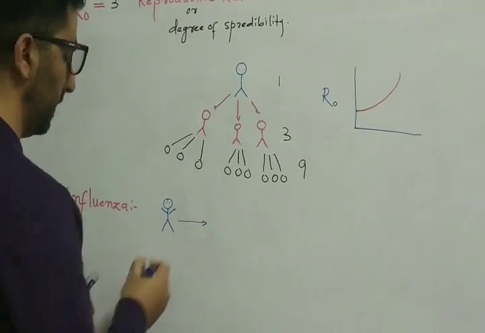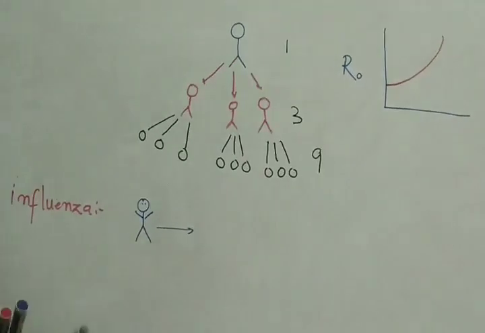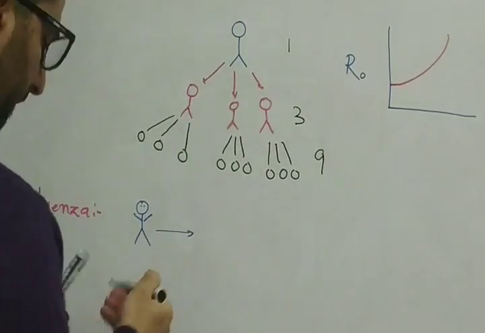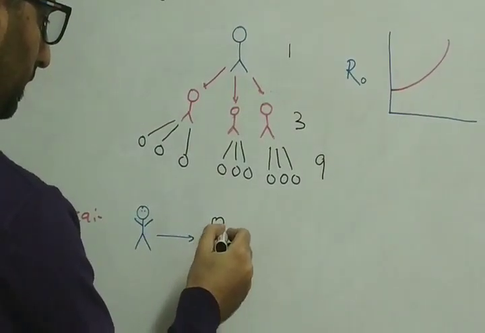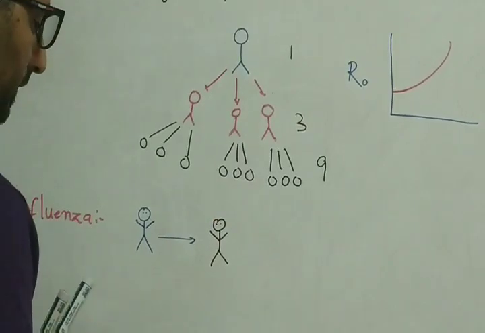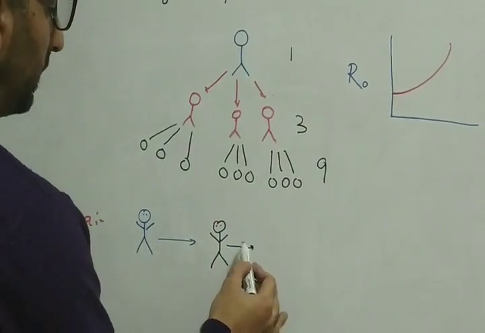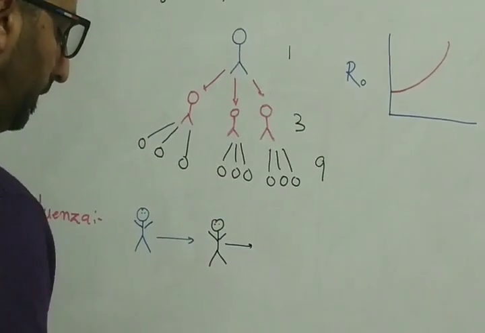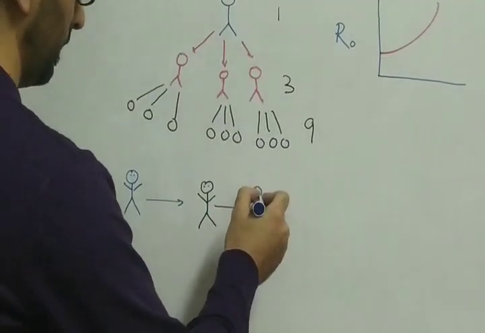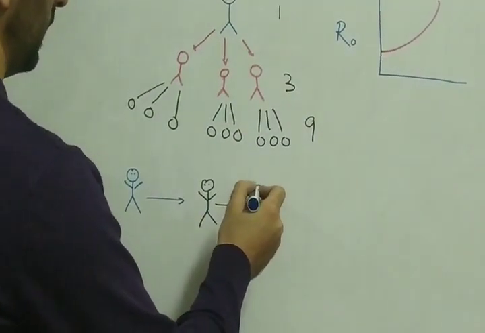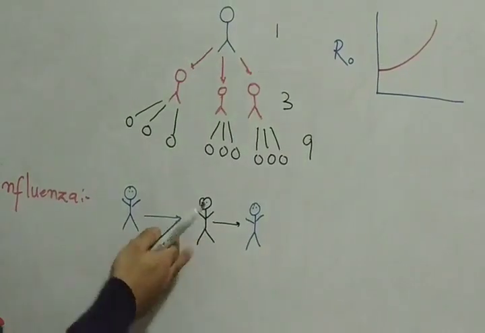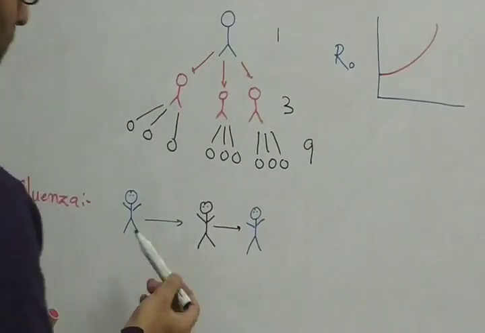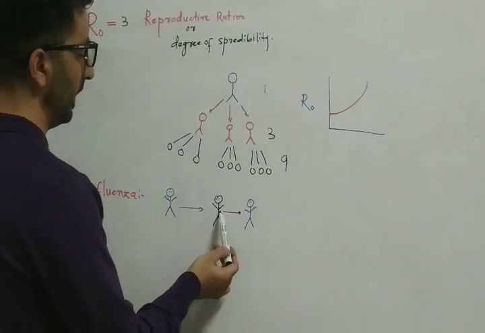It can spread, it can infect only one person, and this one can infect one other person. So what's the R naught for this? It's only that one person can infect only one person.